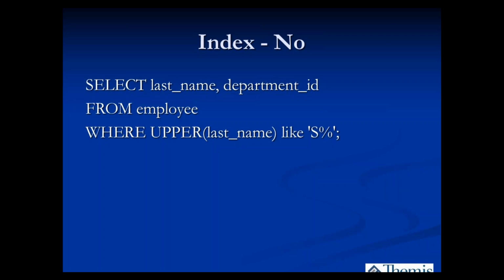Now, if we make that a function-based index, so the index is based upon the result of the function and not just the value in the column, it won't automatically disqualify its use, but that also doesn't mean that it'll choose the index. So we may need to give it some further influencing to get it to use that index, even if it's a function-based index. It might use it, it may not. One way that we can help it choose that function-based index is we can use, there was a new feature in Oracle 11g called extended statistics.